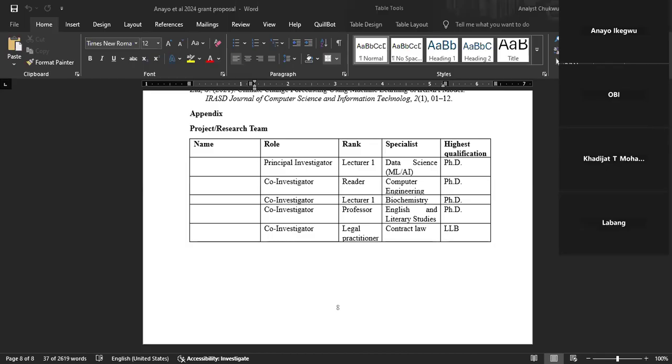If I double click on it and go to picture format, you see the brightness. You see how the whole thing is changing.